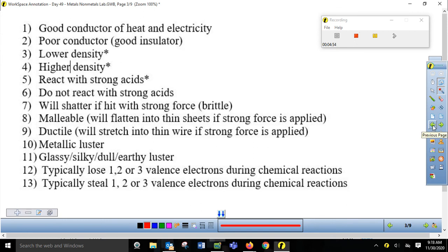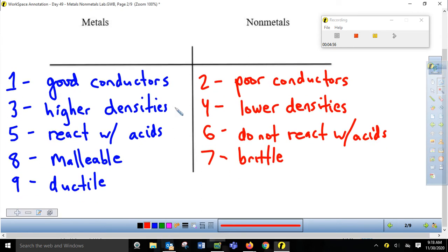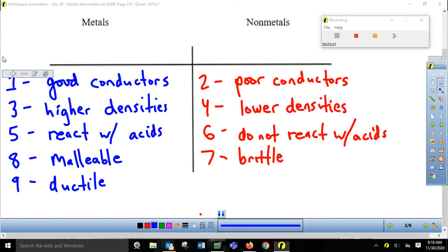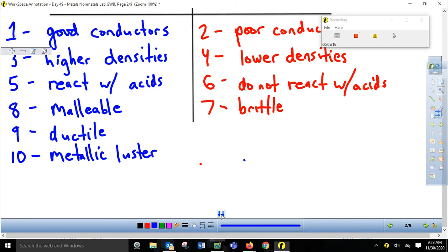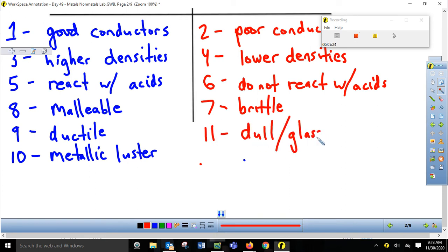10, metallic luster. So luster is how light reflects from the surface. Metals have that metallic luster, so think doorknobs, think sinks, faucets, think rings. Metals have that characteristic recognizable shine, and we tend to say that nonmetals have a dull or glassy, maybe a silky, earthy luster.